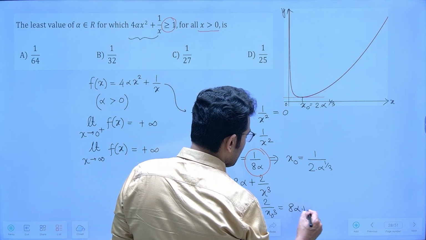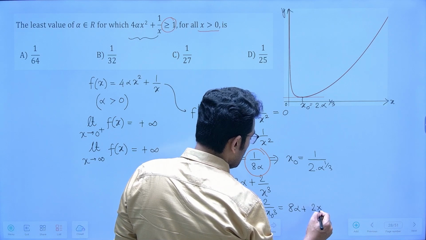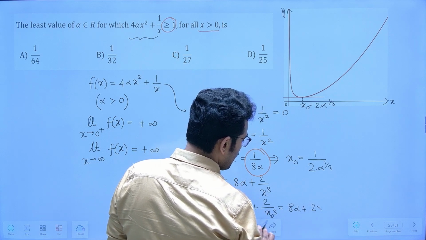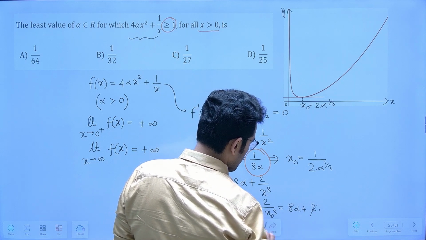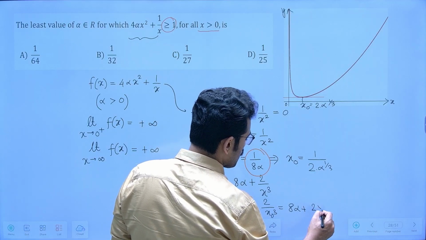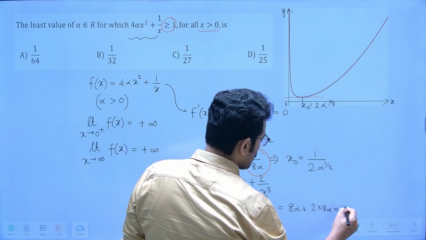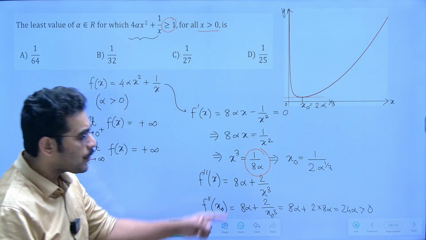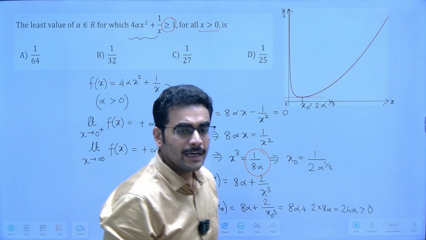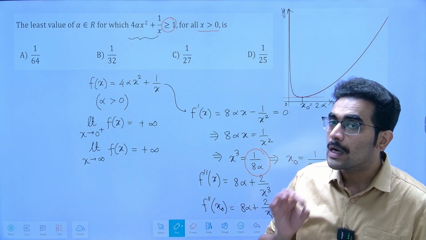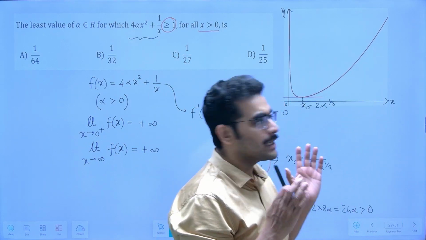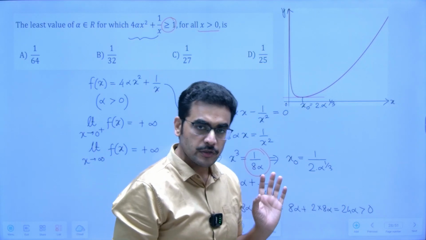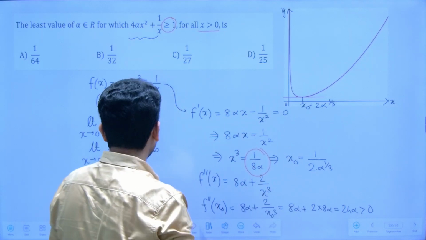So it will be 8 alpha plus 2 divided by 1 by 8 alpha. That is 2 into 8 alpha. So it will be 24 alpha, that is greater than 0. So the double derivative at that point is positive. What does it mean? It must be a point of local minima, and as for the graph it must be the global minimum also.